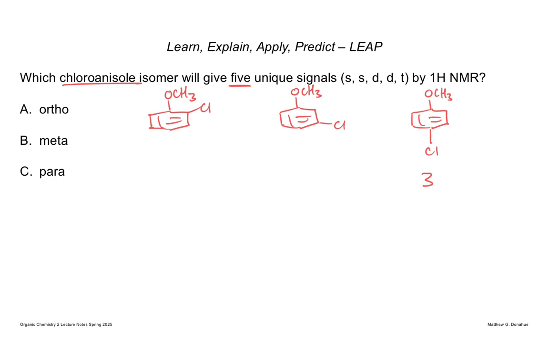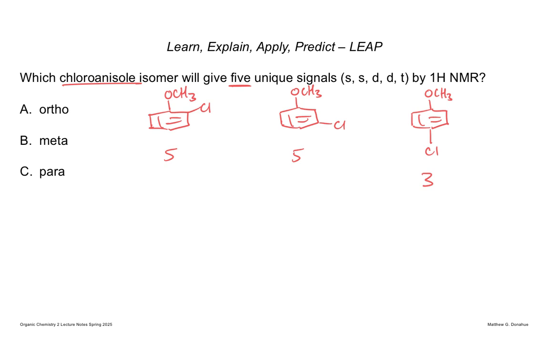How many signals should the ortho have? So 5. How many should the meta have? So 5. So there's where we have these 2 possible responses that are the same, so they can't both be right.